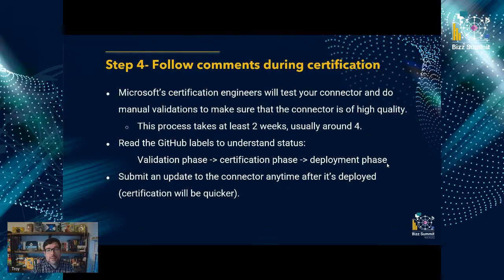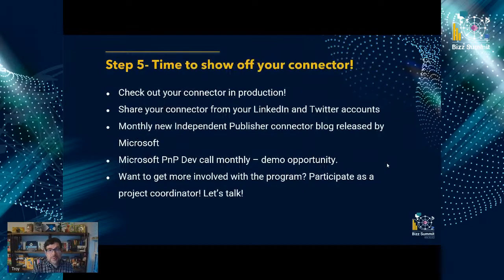So you will get comments on the pull request as it goes through each of the phases, and then you'll get an email saying your connector's been published and is available in production, meaning across the world, across all the regions.